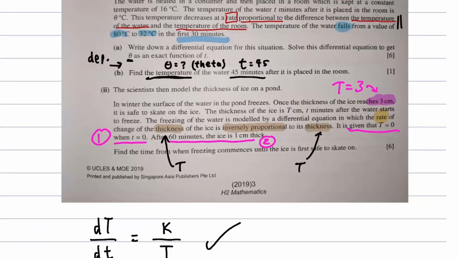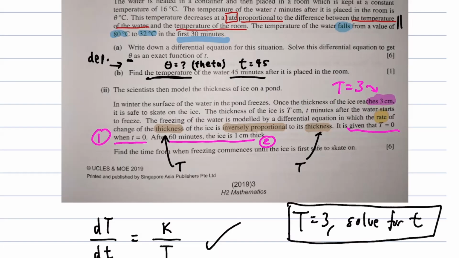What does that mean? So the big T should be 3. Correct, because they asked when the thickness becomes 3 cm, then it's safe to skate, right? So sub in capital T equal to 3, then you solve for little t, the other variable, there's only 2 variables.